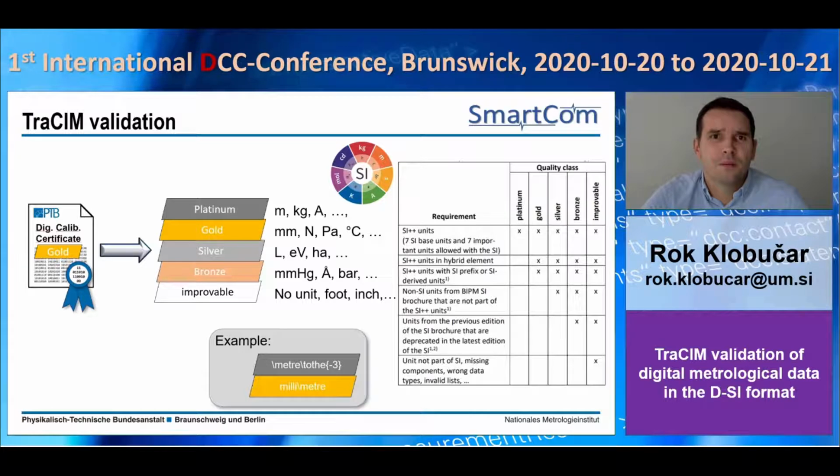As we see in this table, this document also contains some hybrid elements, prefix, or SI-derived units. Here is an example. If we have millimeters in the digital certificate, then we would get a gold medal. But we can express a millimeter as a meter with an exponent. So in that case, it would be platinum.